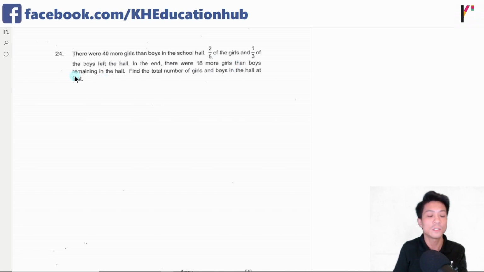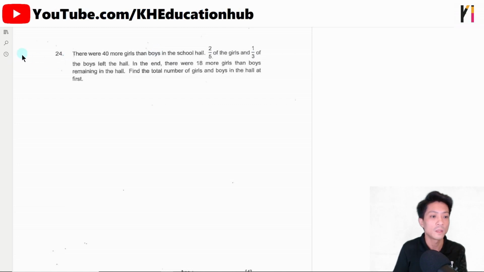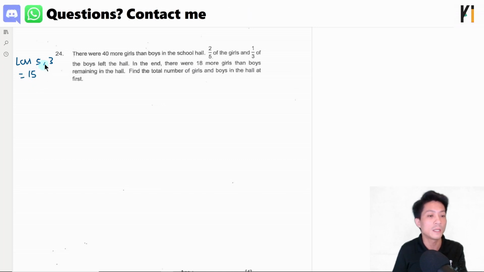Okay, so this question, the first thing that I need to do is I need the lowest common multiple of 5 and 3. So lowest common multiple of 5 and 3 is equals to 15. Okay, or I can use any number that can be divided by 5 or 3. So now I'm gonna write this down.